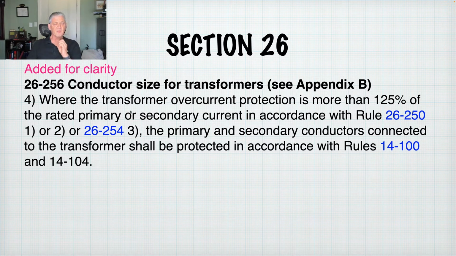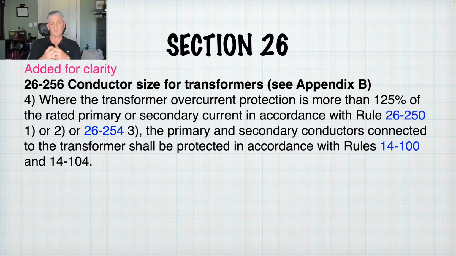So one of the things to remember is that overcurrent and conductors for transformers are all based at 125%. So a conductor cannot be less than 125% of the primary current or secondary current.